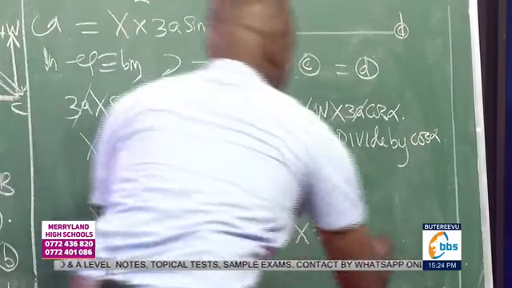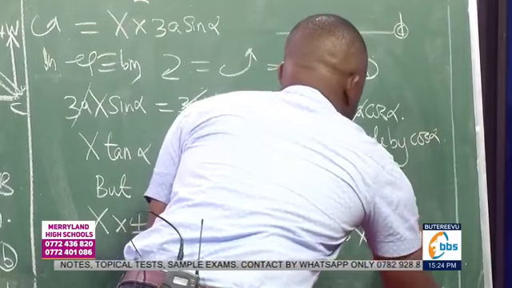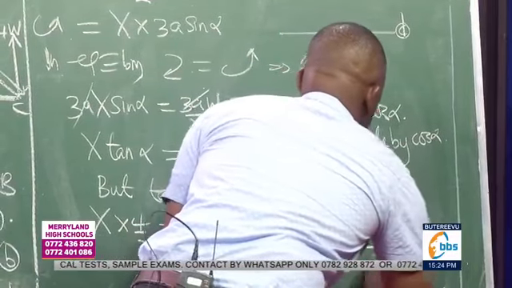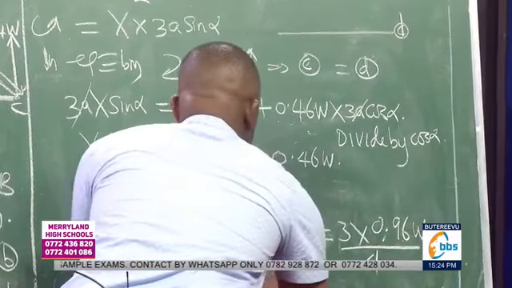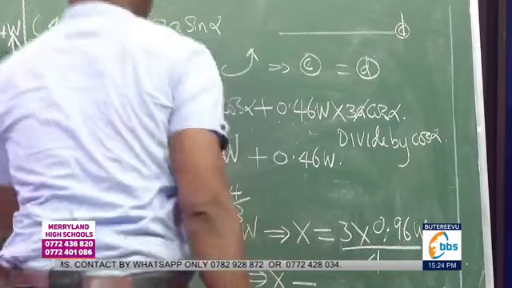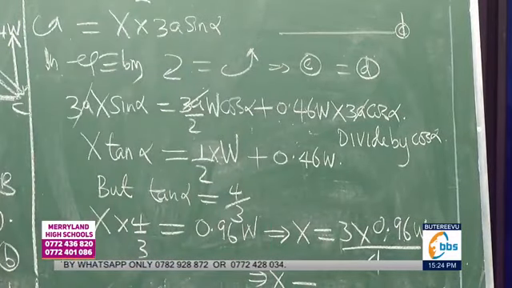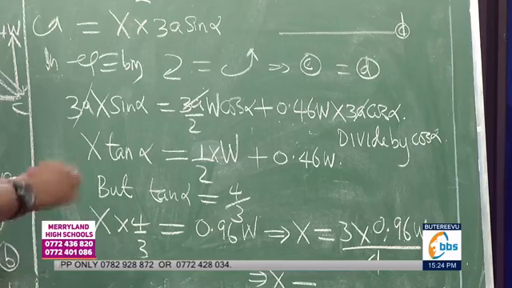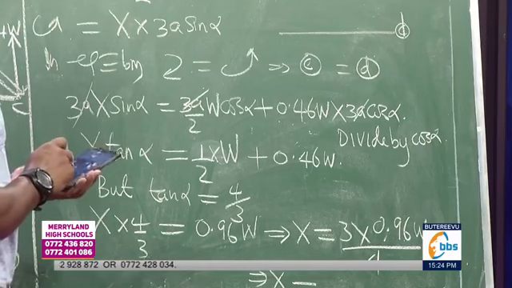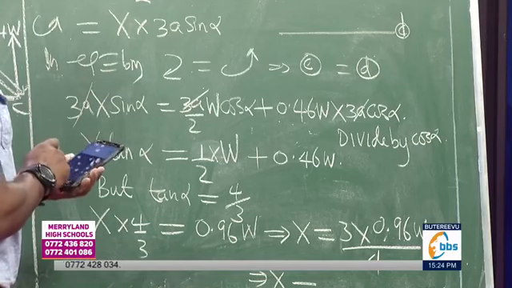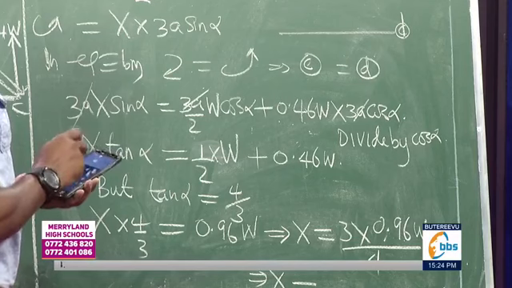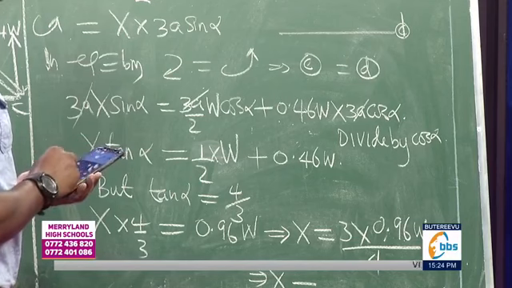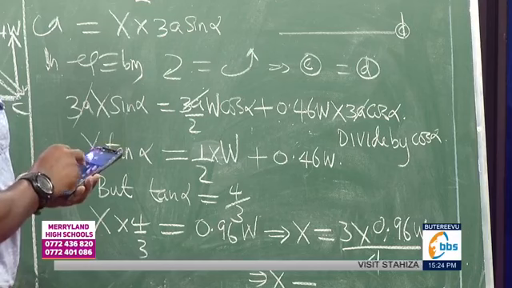So I can proceed from here and say my x will be equal to 3, cross multiplied here, times 0.96 W all divided by 4. This implies that the value of x is going to be, you can reach for your calculator and get 3 times 0.96 divided by 4.